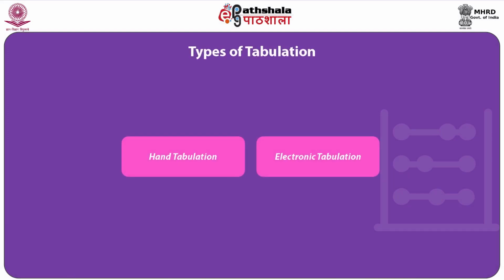Hand tabulation is the first one. This is done manually and usually preferred in the case of small size data, namely in terms of a small number of questionnaires or schedules, as well as a smaller number of questions or information collected through such instruments. This is usually done using the direct tally or the card sort and count methods.